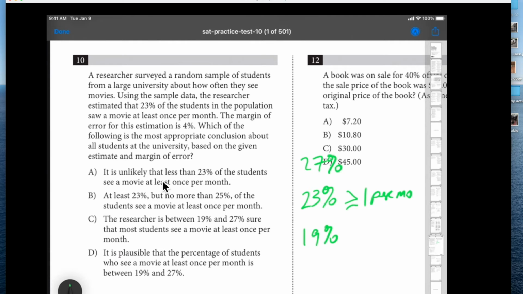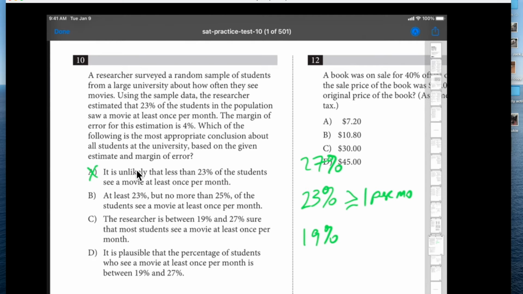It is unlikely that less than 23% of the students see a movie. Not really, okay? If it had said it is unlikely that less than 19% of the students, that might be a choice. So I'm going to go ahead and cross that out. At least 23%, but no more than 25% see a movie.